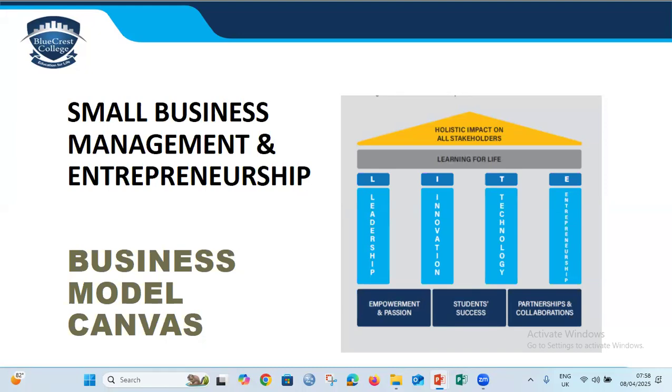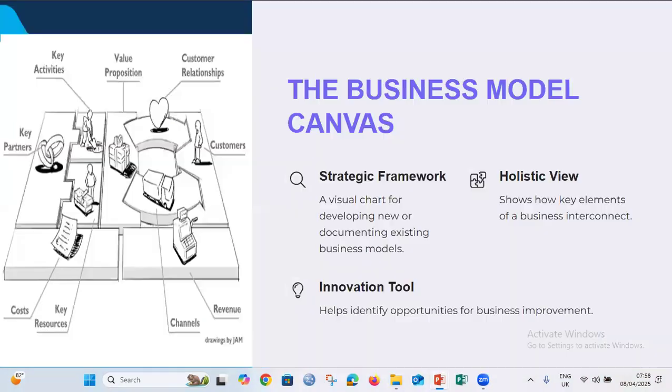We want to briefly discuss the business model canvas. So basically, the business model canvas is a visual chart. It helps with developing a new or documenting an existing business model.